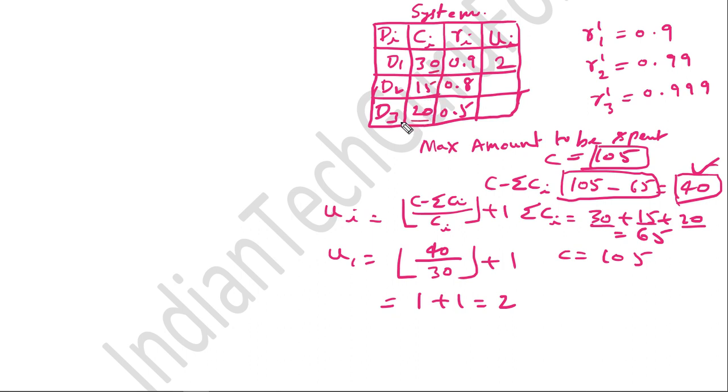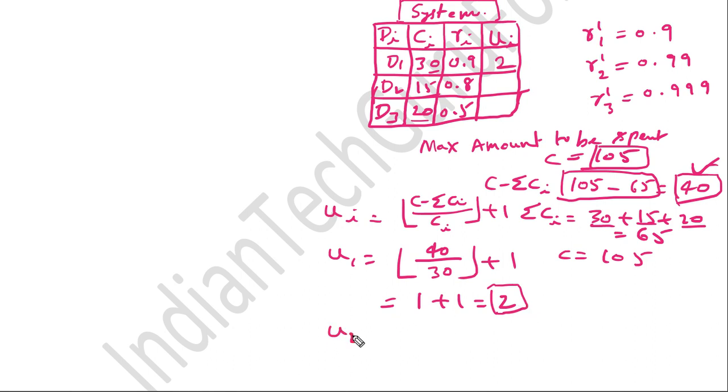You cannot have device 3, even a single instance. What does it mean? You cannot construct a system. So that's why definitely we need to have at least one instance of each device. Then only it is possible to construct a system. So that's why for this value we need to add plus 1. So the maximum number of devices we can purchase of device 1 is 2.